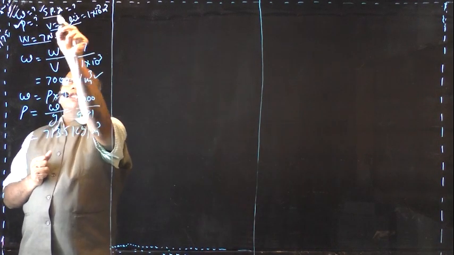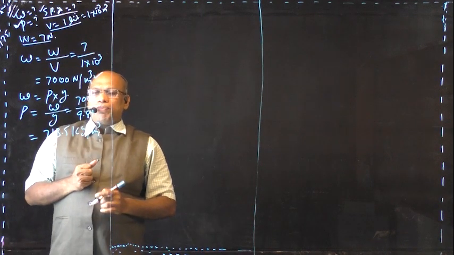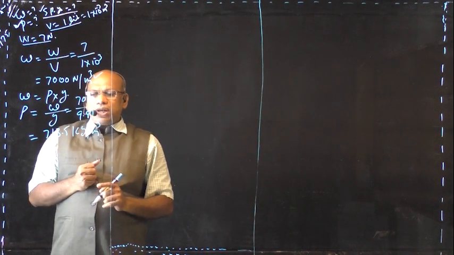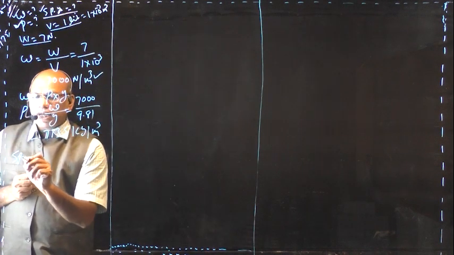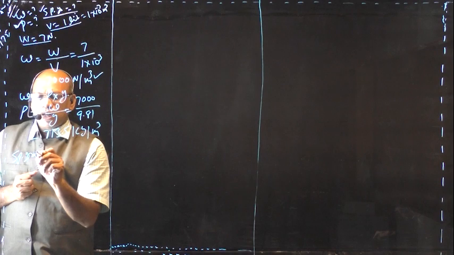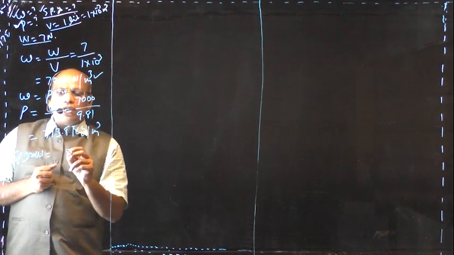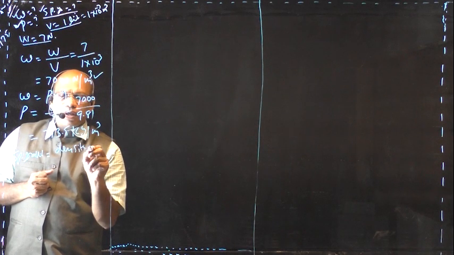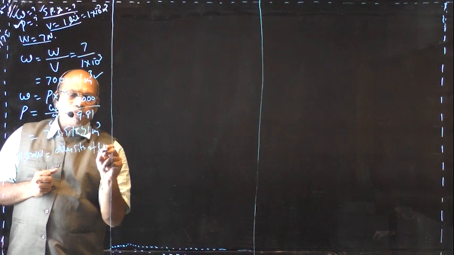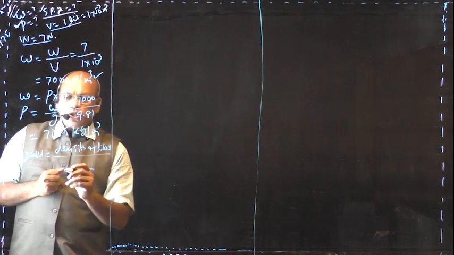Now, what is the specific gravity? Next question, what is the specific gravity? I have given one relation, that is specific gravity equals density of the liquid divided by density of the standard liquid.